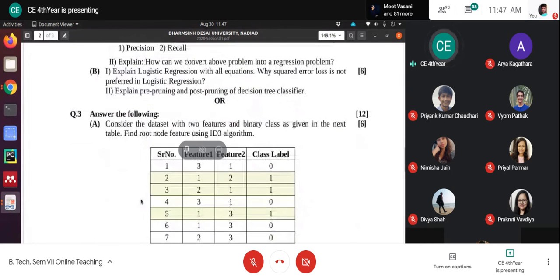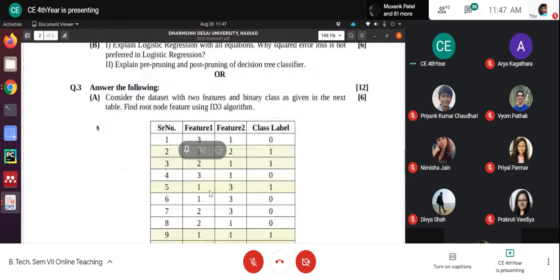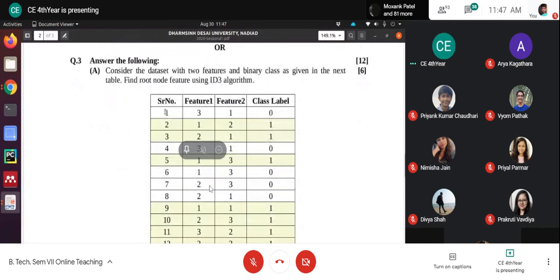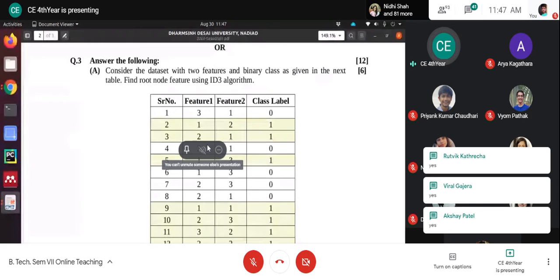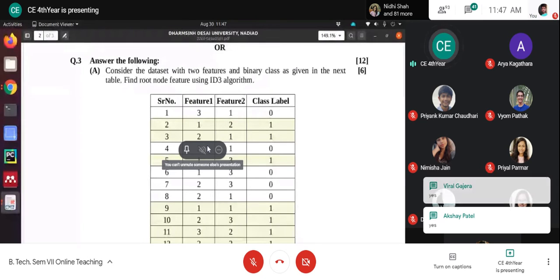And for this question 3a, this is the same example as we have discussed in the lecture. Anyone have identified that it's the same example? Correct. So you all are the lucky guys, right? So it's the same example.